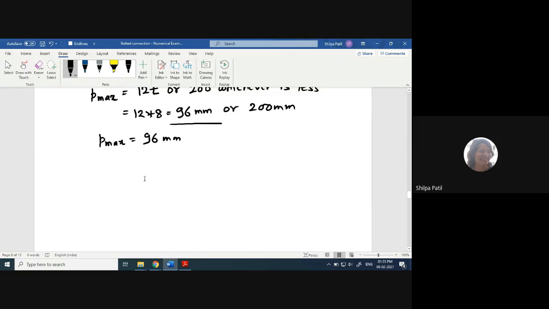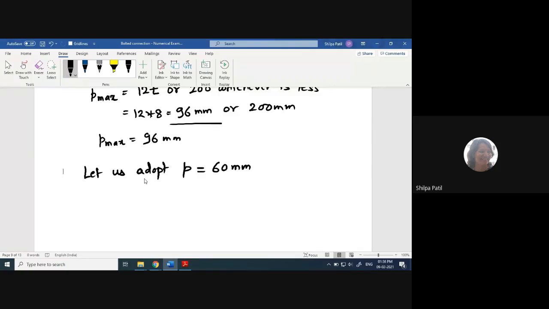Okay. Commonly used pitch value is 60 mm. So just write down, let us adopt pitch equal to 60 mm. Any value you can assume, 45 or 50.